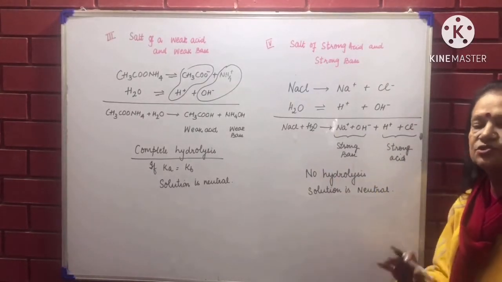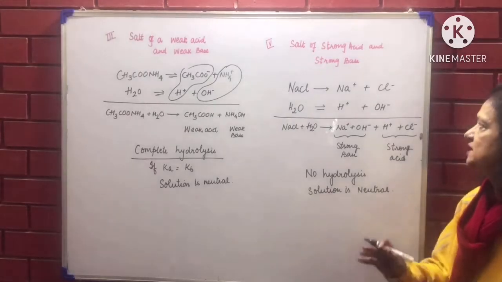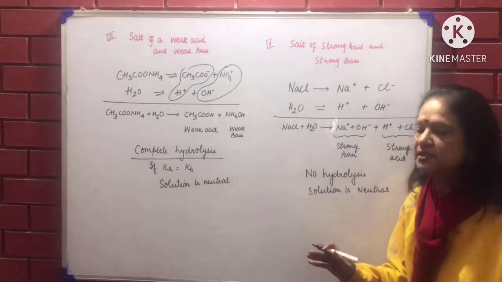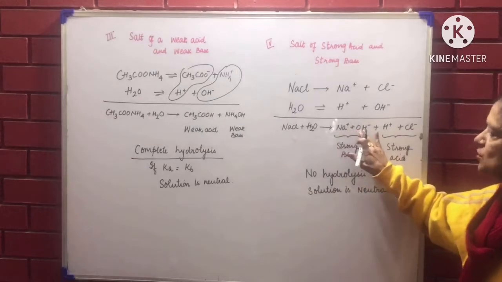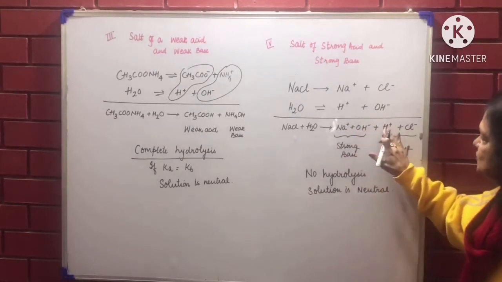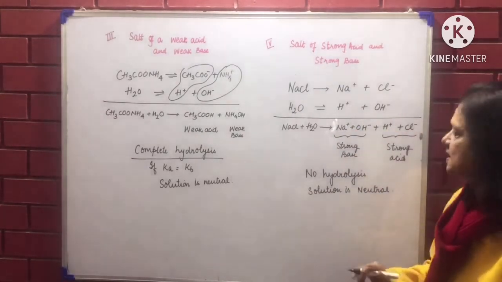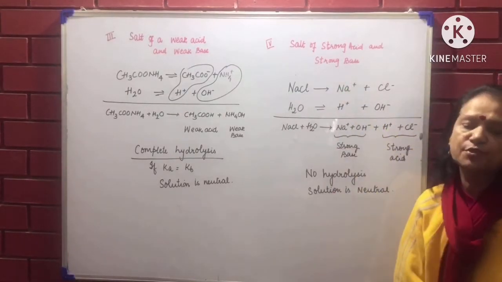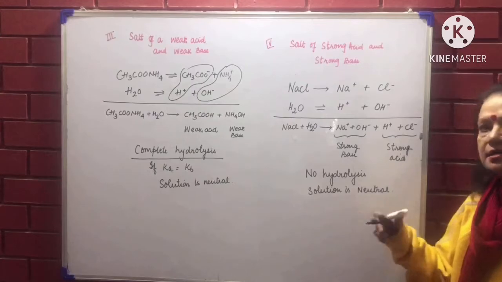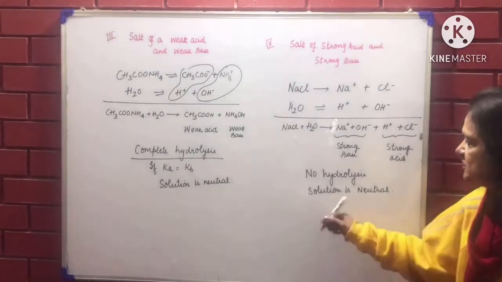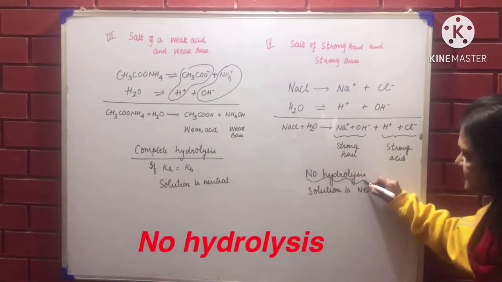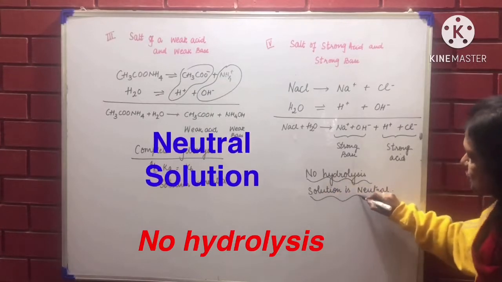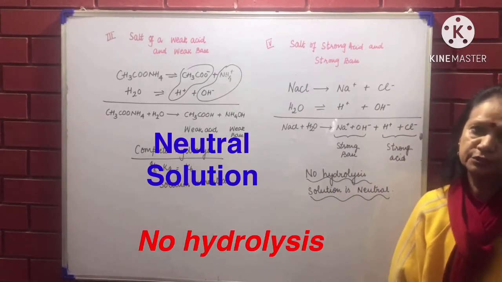We have learned this. Strong acids completely dissociate. Strong bases completely dissociate. So Na plus ions and OH minus ions remain there. H plus ions and Cl minus ions remain there. None of them have combined properly with water. They are still in the form of ions. So we'll say no hydrolysis takes place and the solution is totally neutral.